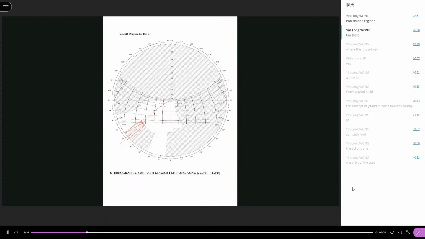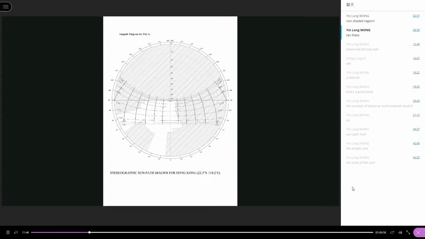I trace the line, so 25. Any part of the sky behind this line, or below the angle of 25 degree, will be invisible to flat A. So by doing this exercise, I can plot all the lines on the sun path diagram.